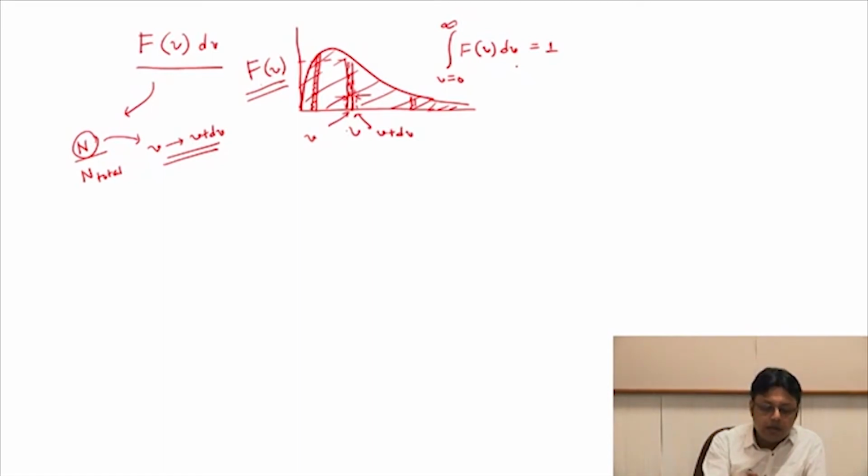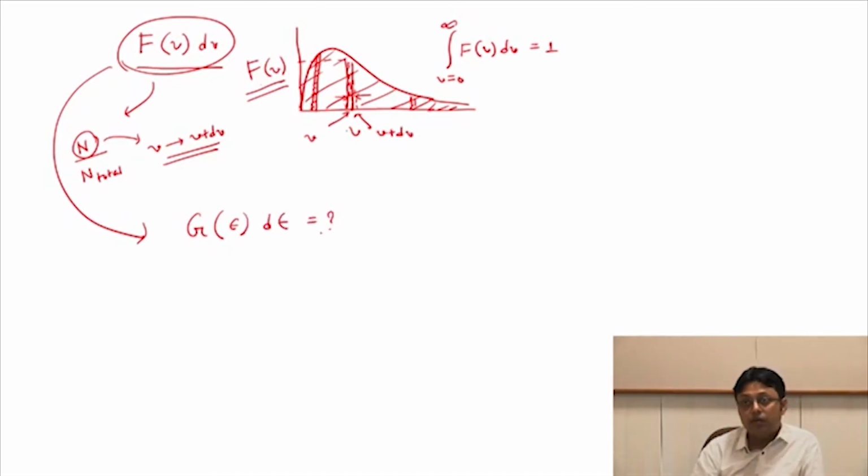Now the question is, from this distribution, can I get a distribution in terms of the energy? Because that will be very useful to understand reaction kinetics or reaction dynamics, that is, when a reaction is feasible or not. To get that, we need to use a very simple relation.